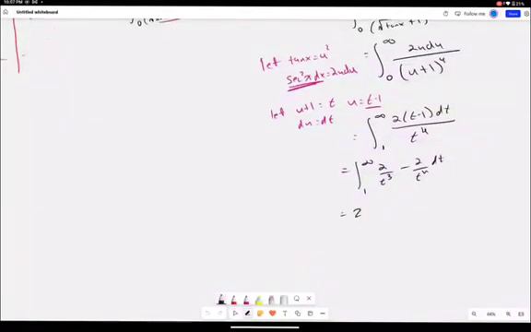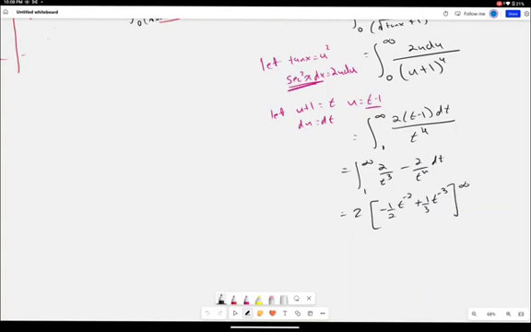So I could take the 2 out, and it's pretty easy to integrate this. Negative 2 minus this. And these are just the antiderivatives.